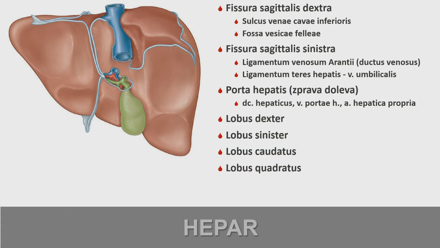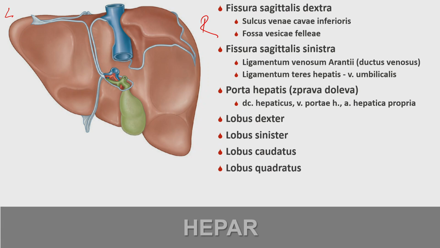So liver, in Latin hepar, could be divided in some sectors. This is the view from below and dorsal. So here we have the right and here the left part of a liver.